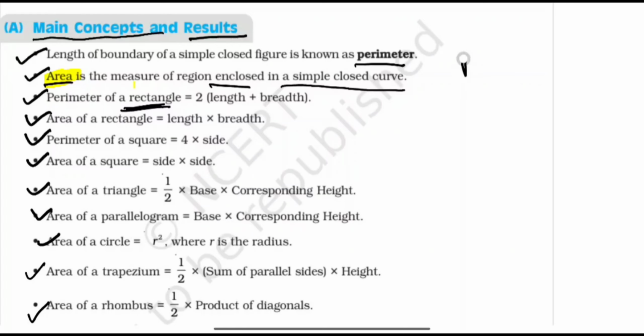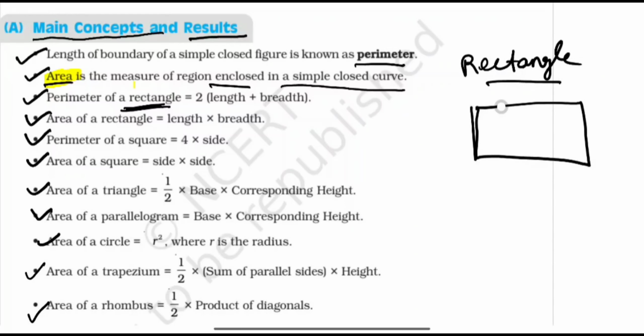Now let's move to the next thing, a rectangle. First of all, what is a rectangle? As we all know, a rectangle is a quadrilateral in which all four angles are right angles, and opposite sides are equal and parallel. This is the length and this is the breadth.